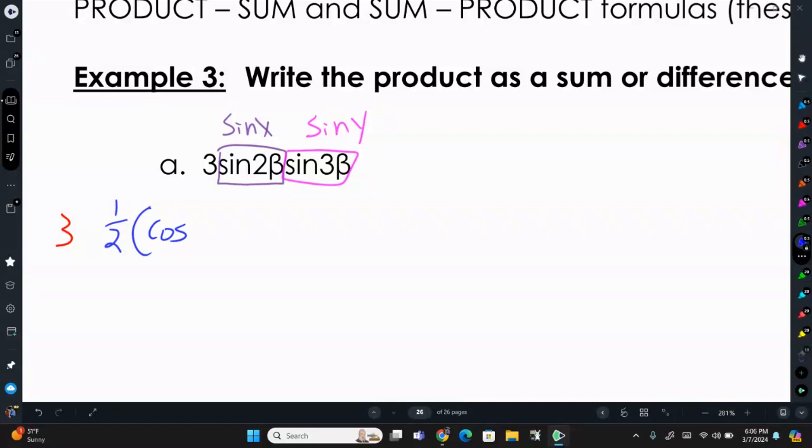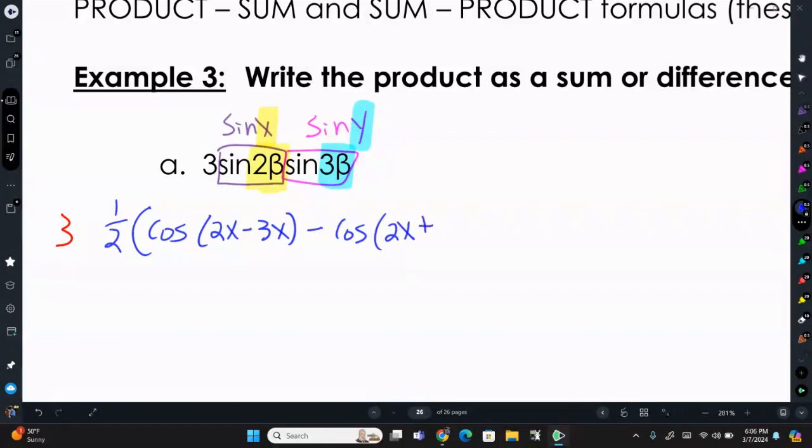Well, x is going to be the angle for the first sine, and y is going to be the angle for the second one. All right, so we have the cosine of x minus y, so 2b, and I'm going to change these to x, 2x minus 3x, minus cosine of x plus y, so cosine of 2x plus 3x.